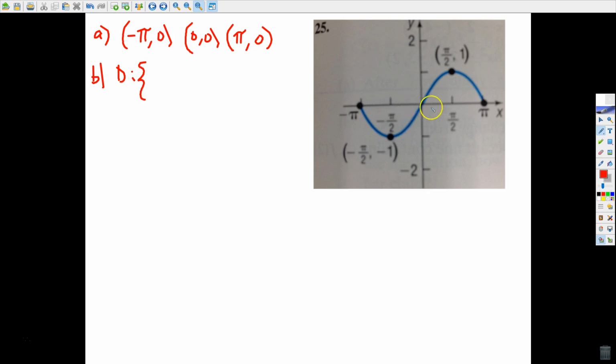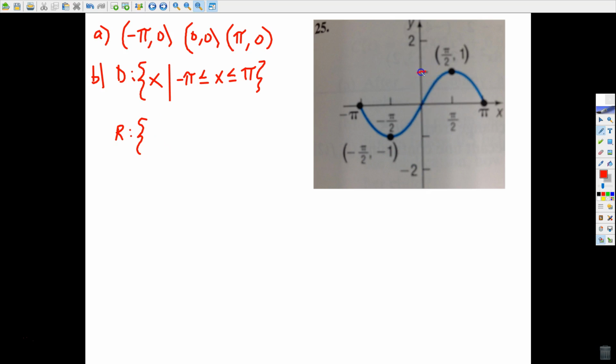The x-coordinates would be between negative pi, so we're going to state it as x such that all the values between negative pi and positive pi. And we're going to include those because we have solid circles there on the ends. The range, let's check out the values that would be involved.